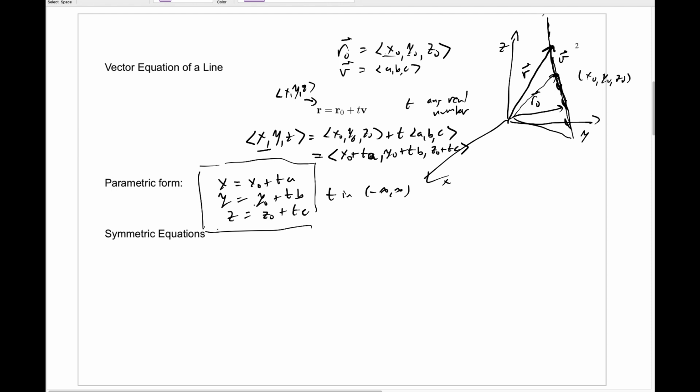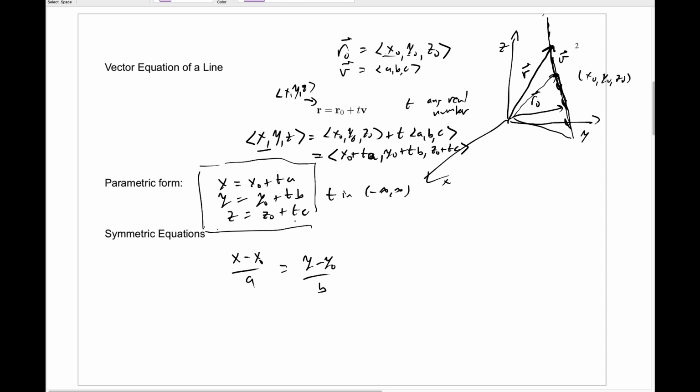Now there's another way people can talk about a line. We can create what are called the symmetric equations. In general, those start by solving for t in each of these equations. In the first equation, when I solve for t, I get t equals x minus x naught divided by a. If I solve for t in the second equation, I get t as y minus y naught over b.